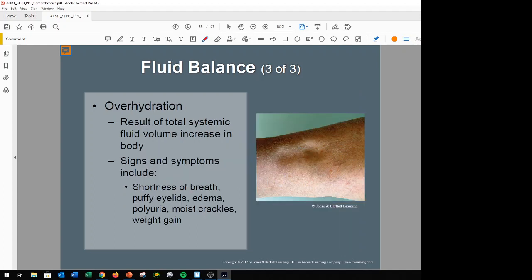We talked about overhydration. And with overhydration, for the most part, you're going to have your edema, right? Crackles, just like CHF symptoms.